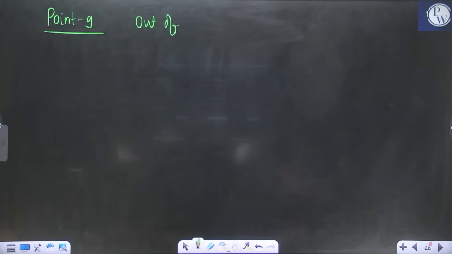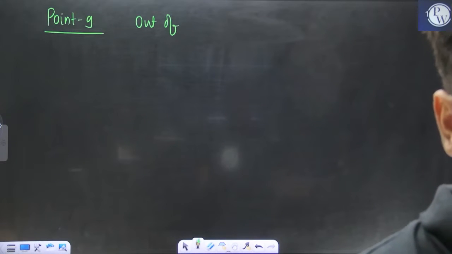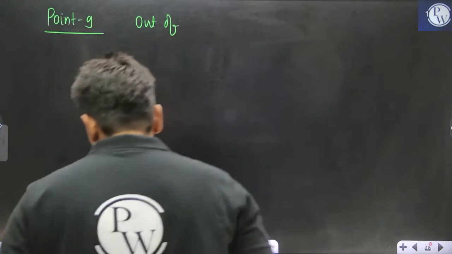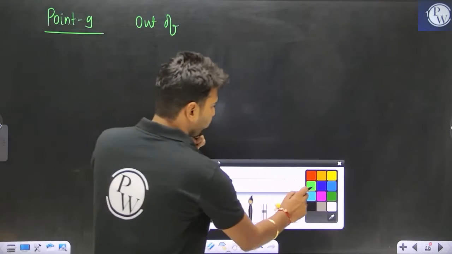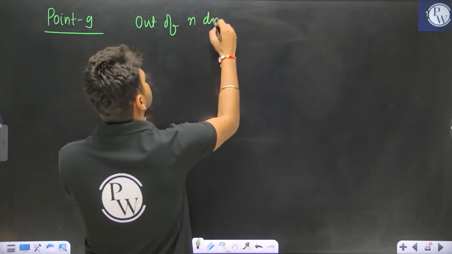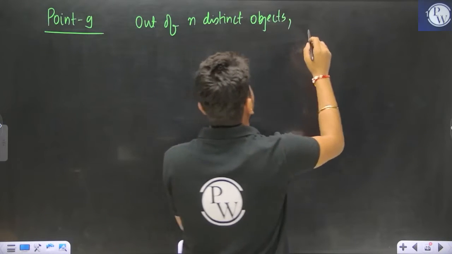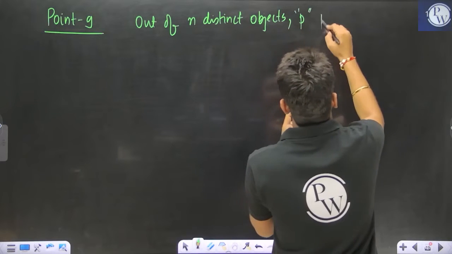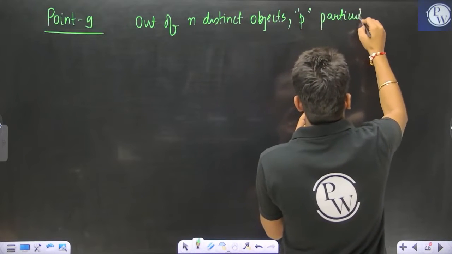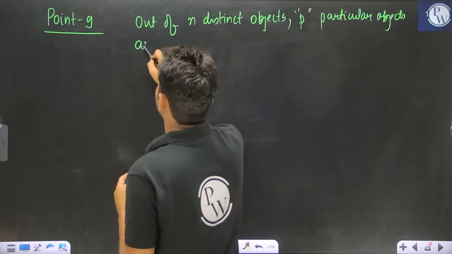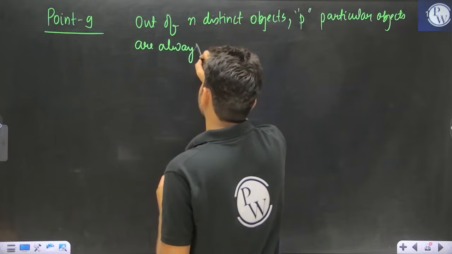Out of n distinct objects, if I have been told that P particular objects are always to be included.